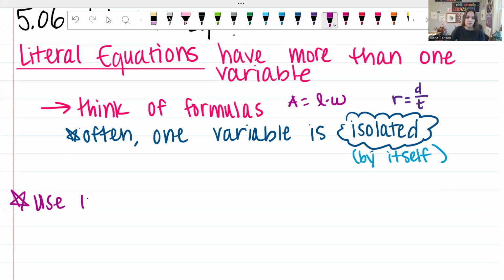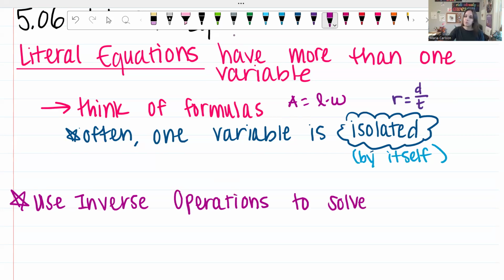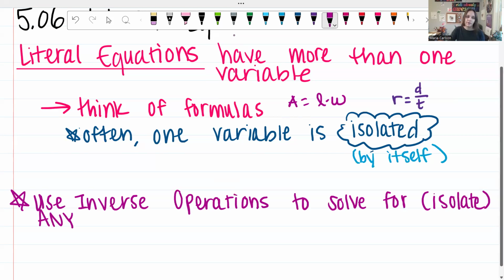So use inverse, or opposite, operations to solve for, meaning isolate, any variable. Get that variable that you are looking for all by itself.